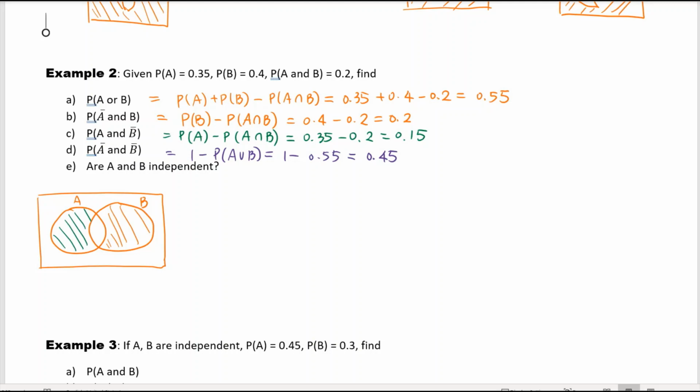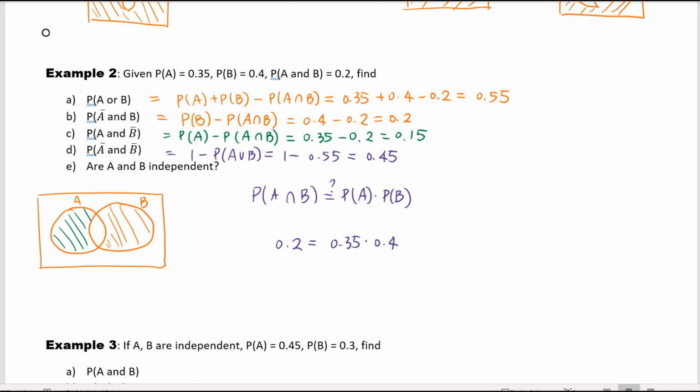Alright, so part E. Are A and B independent? Okay, so how do we check whether they are independent or not? Well, we want to check whether P of A and B equals P of A times P of B. So this is what we want to check. P of A and B is 0.2. P of A is 0.35.